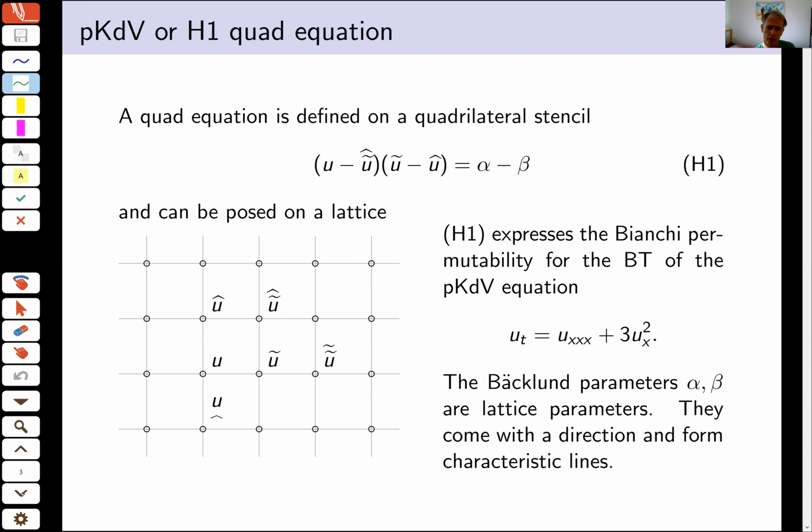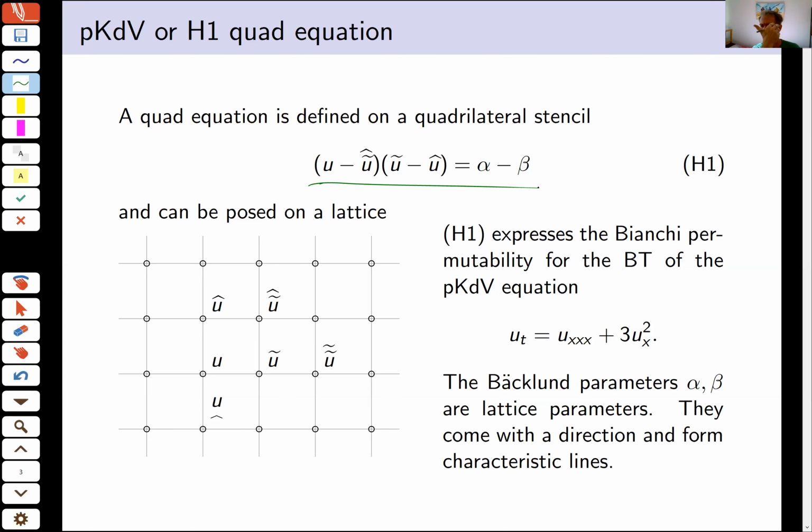So where do these equations come from? They're very simple, multilinear, just a relation between 4 points on a lattice, and this relation extends to the whole lattice. These hat and tilde notations mean shifts. Hat will go up and tilde will go to the right.